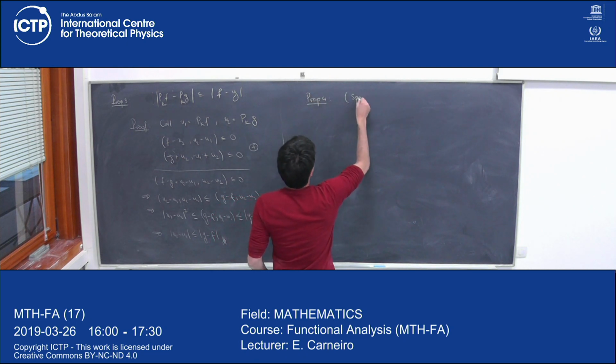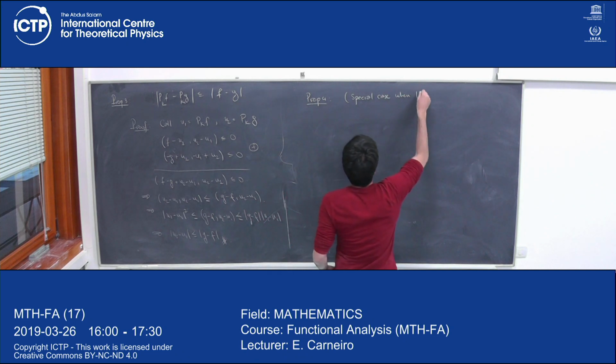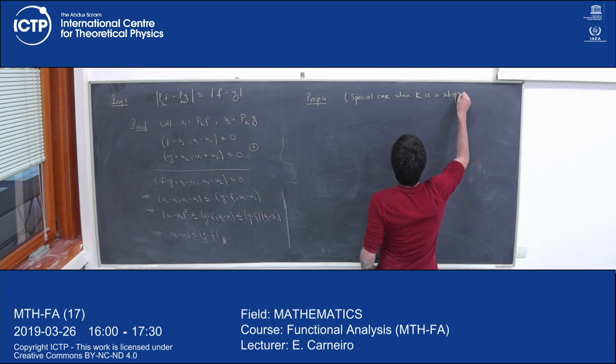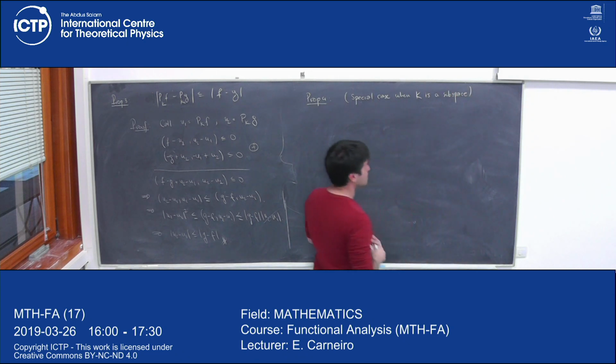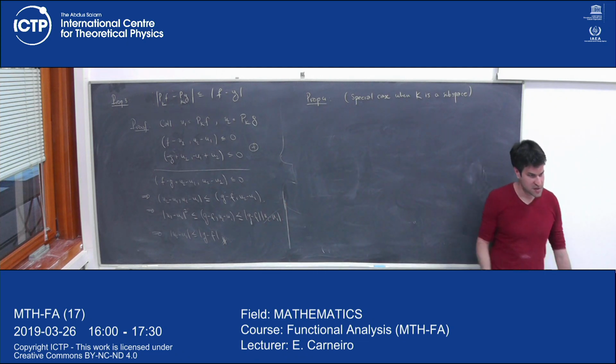So the special case when K is a subspace. If K is a linear subspace, a closed subspace, it's obviously convex. Every subspace is convex.